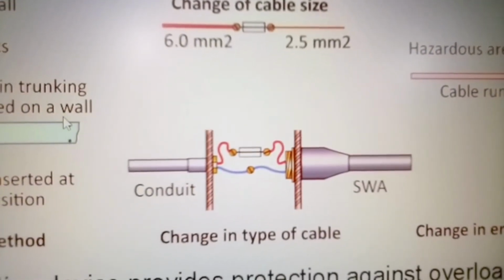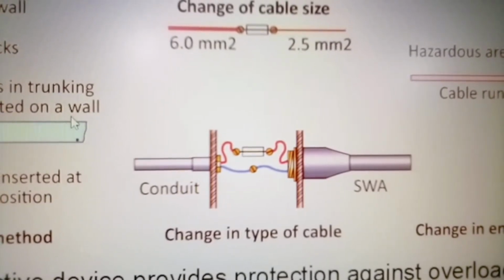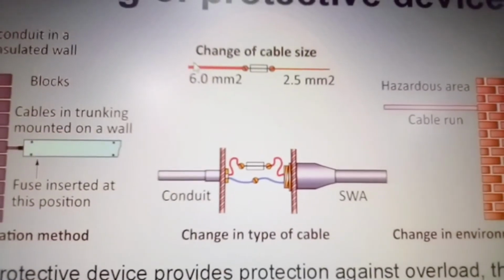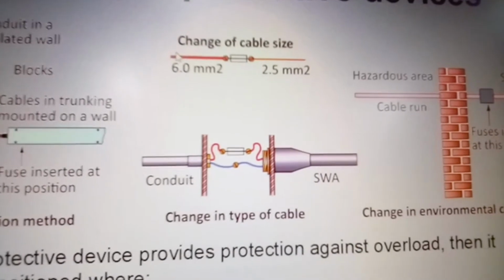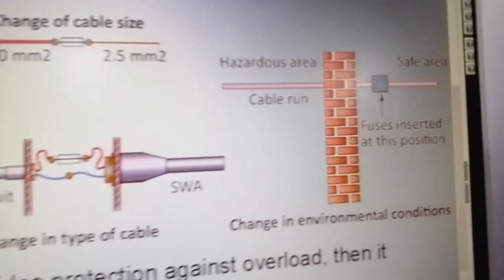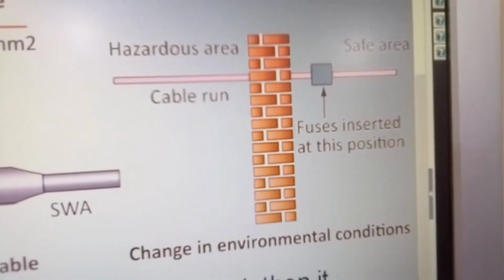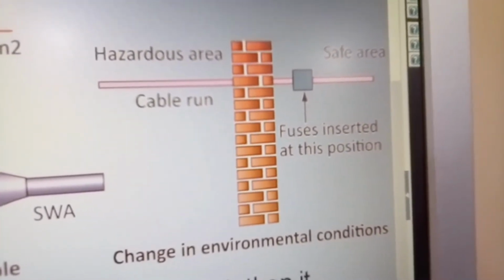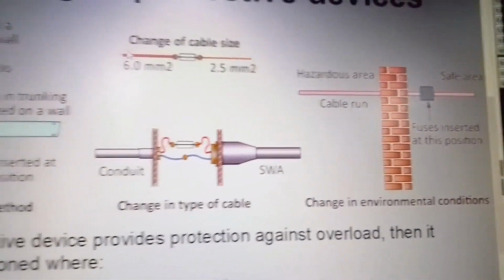We're going from conduit into steel wire armoured, and that will be brought in by a junction box of sorts. And here you have a complete change of environment. So let's go down a little bit.